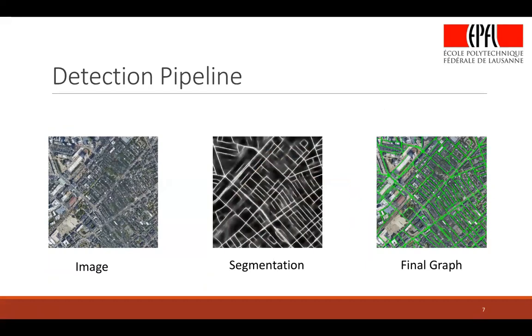So now that I talked a bit about the motivation and challenges that we face, let me go on to the technical part. How do we actually detect linear structures? This is usually a two-step process. Once we have an image, we first perform segmentation.